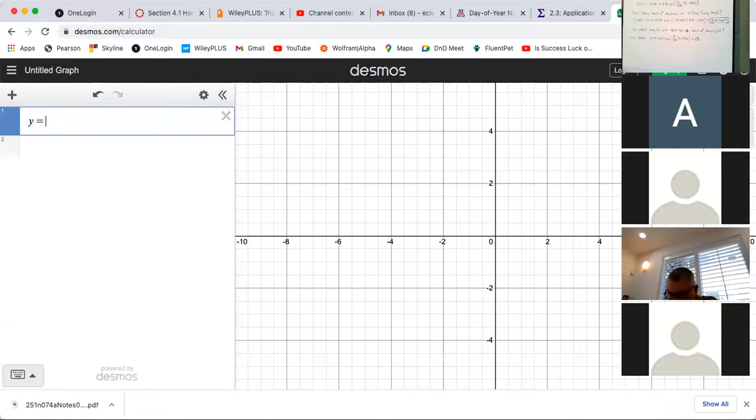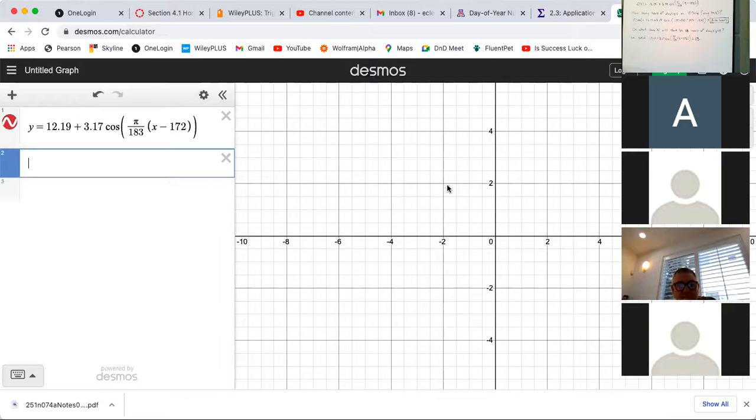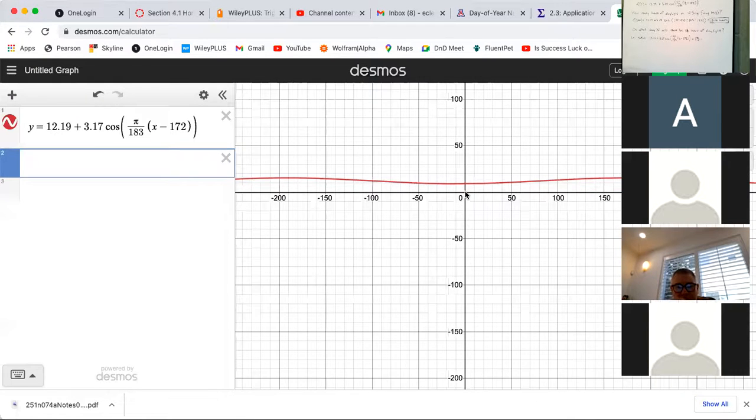So I'm going to put the function on one line: 12.19 plus 3.17 times the cosine of pi over 183 times (x minus 172), close those. And now I don't see a graph, so I'm going to have to zoom out kind of a lot.